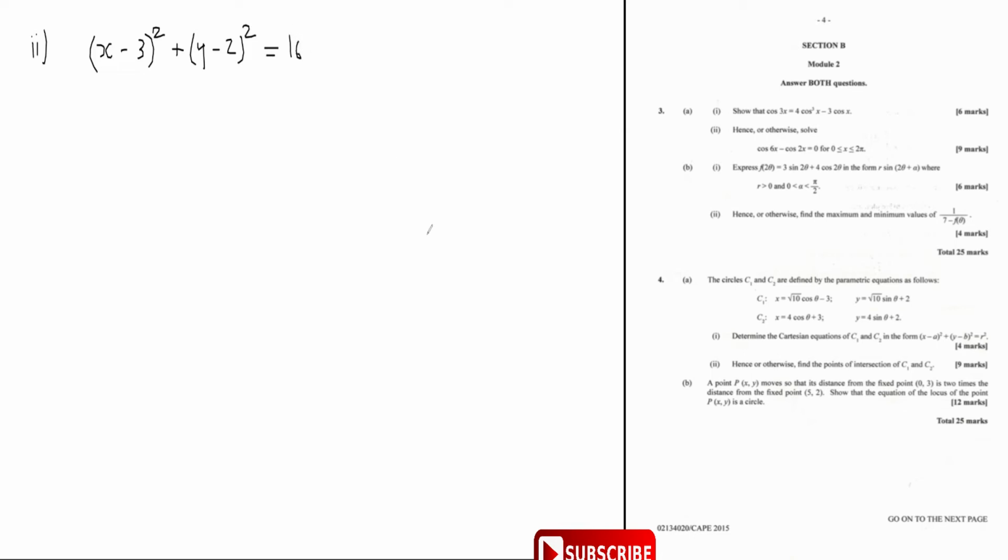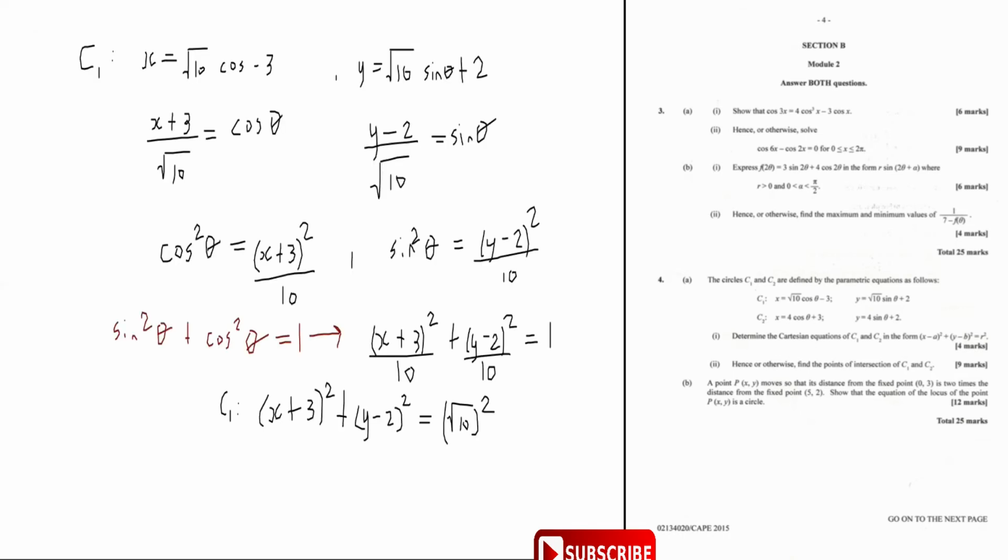Another equation that we have is x plus 3 square plus y minus 2 all square is 10.